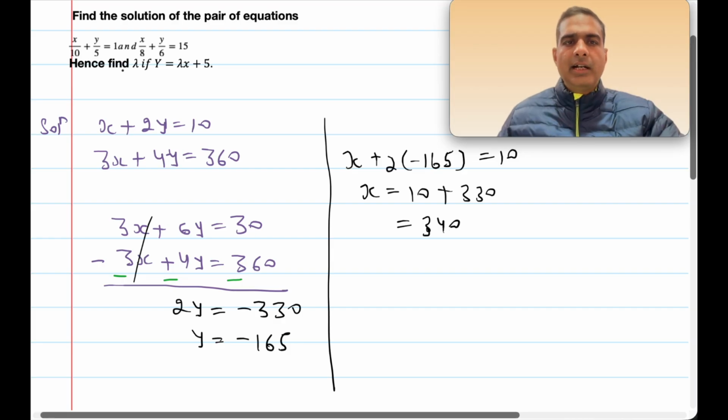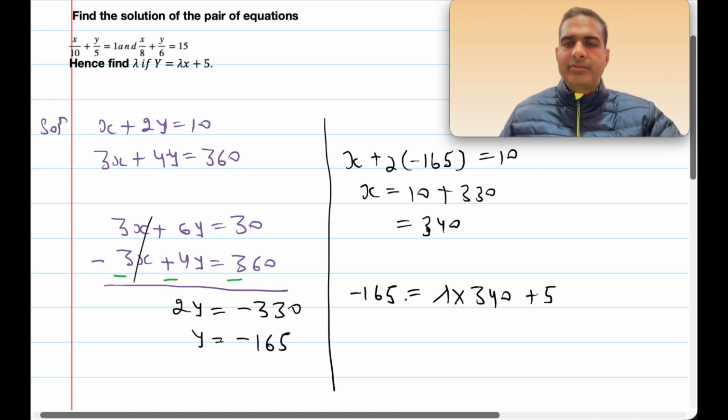Okay. Now the second part of the question is find lambda if y is equal to lambda x plus 5. So substituting the values of x and y in this equation, so y was minus 165 is equal to lambda times x, which is 340, plus 5.